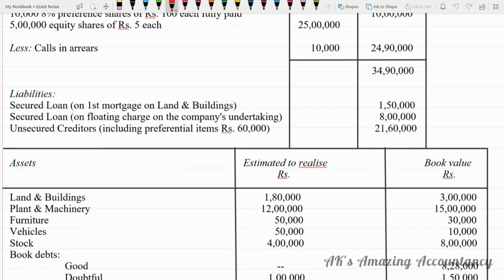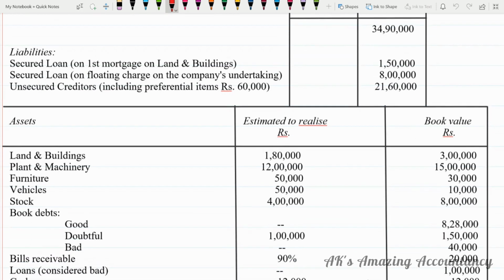Assets: you are given the estimated realizable value as well as the book value. Land and buildings, 1,80,000 estimated to realize, book value 3 lakhs. Plant and machinery, 12 lakhs and 15 lakhs book value. Furniture, estimated realizable value 50,000, book value 30,000.